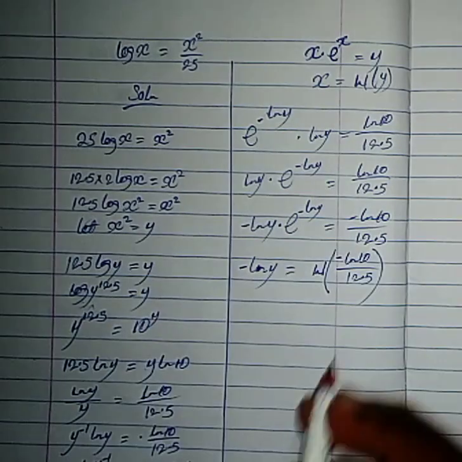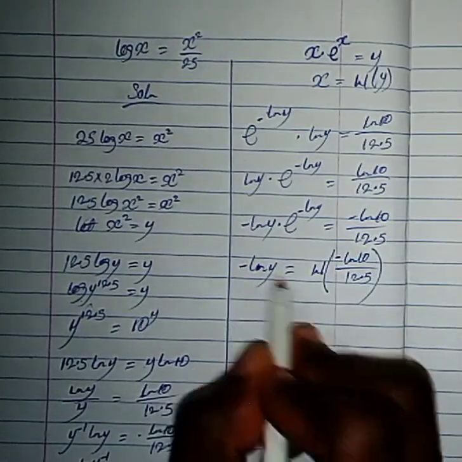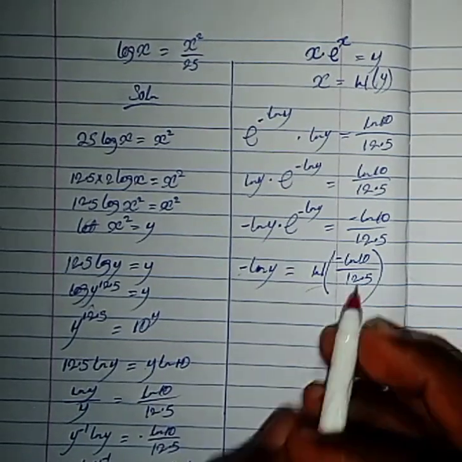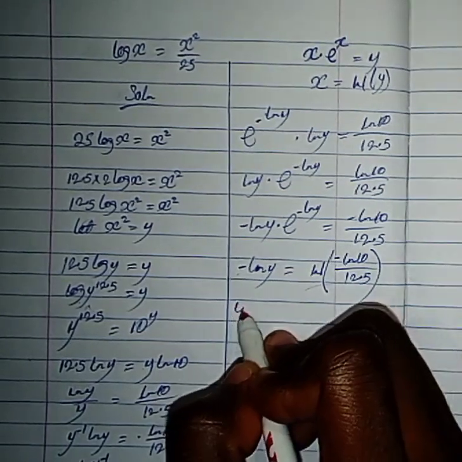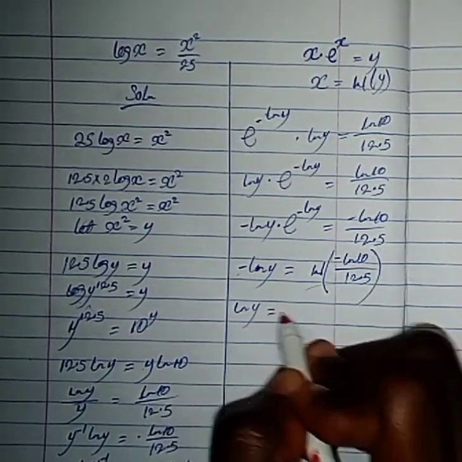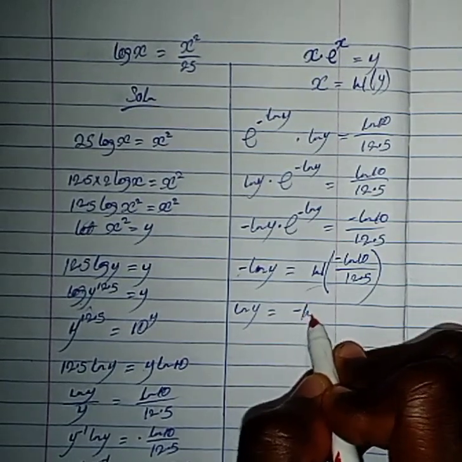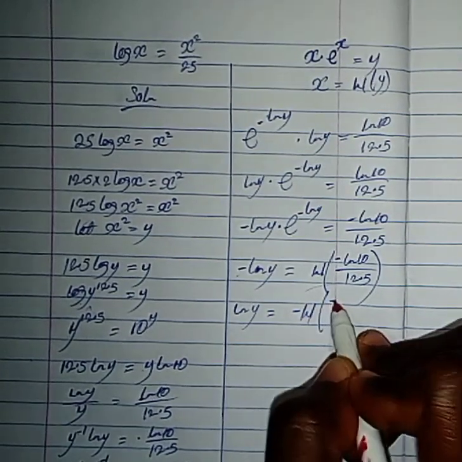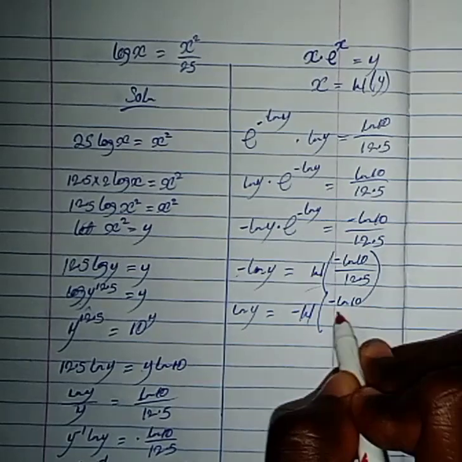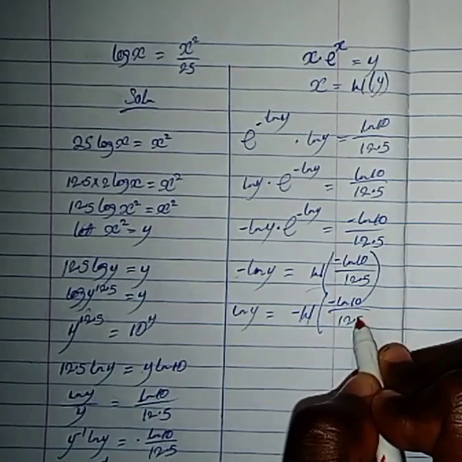So from here now, by dividing both sides by negative 1, you say ln y equals negative Lambert W function of negative ln 10 over 12.5.